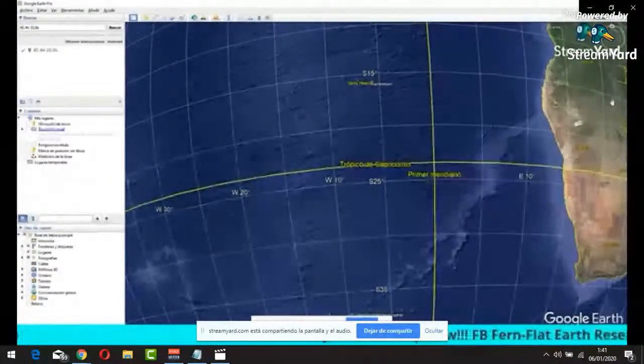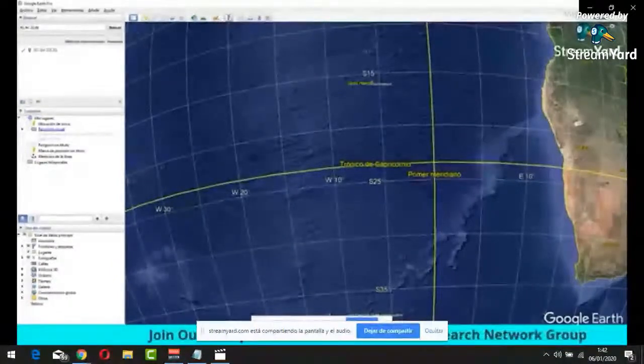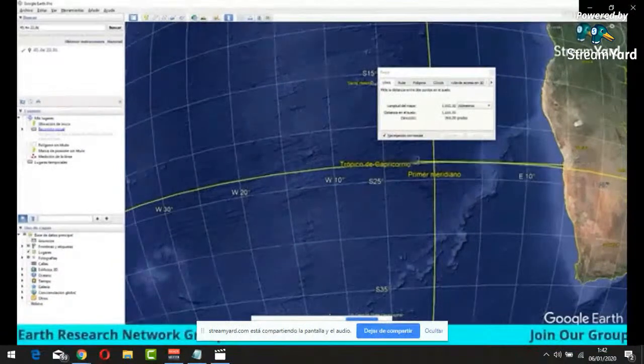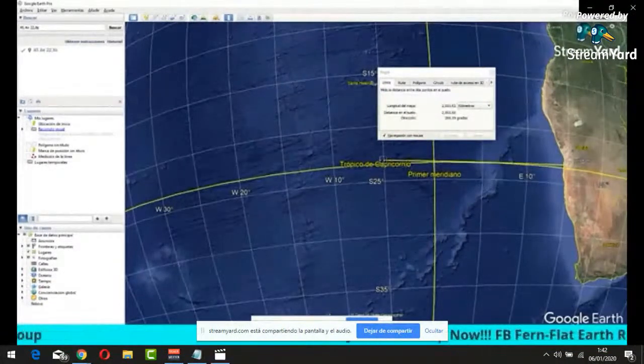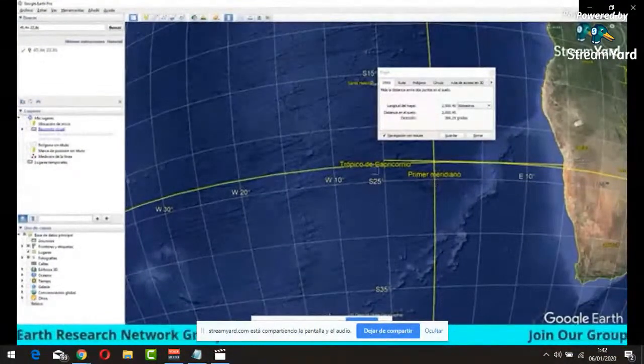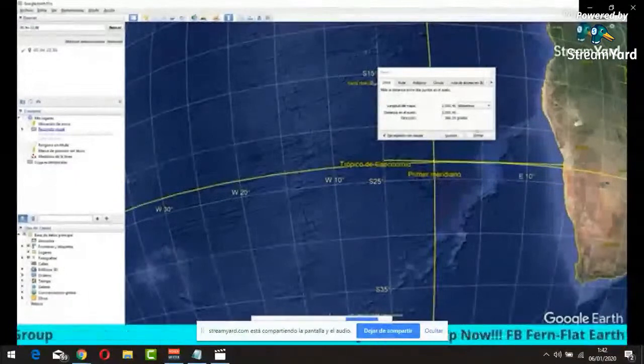What we try to say is that there are many anomalies in the normal Google map and the other maps. The sizes of the continents are not right, the distance between the seas also, and the equatorial lines also are not right.